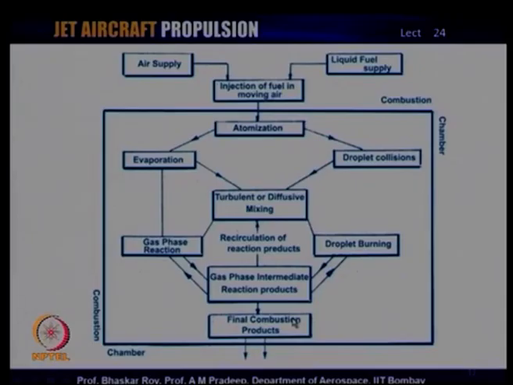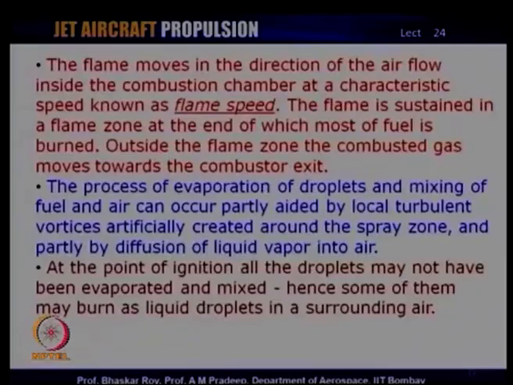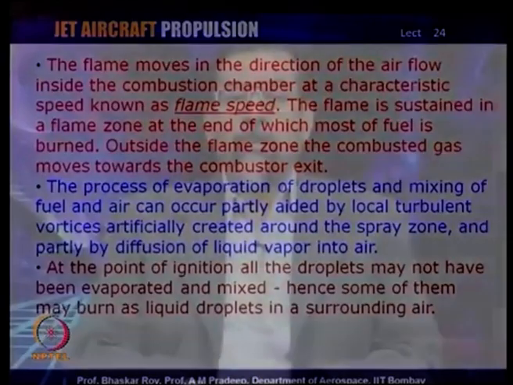So, this is how the entire combustion process proceeds from the beginning of the combustion chamber to the delivery end of the combustion chamber. We can say that the flame that is created by the combustion process needs to be taken care of. You have droplets burning, and you have the gas phase burning.